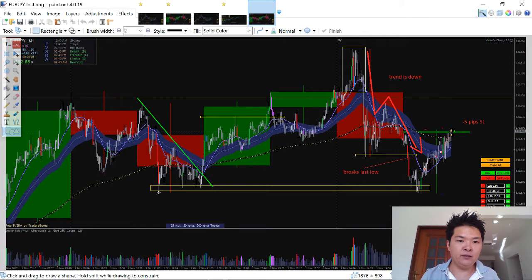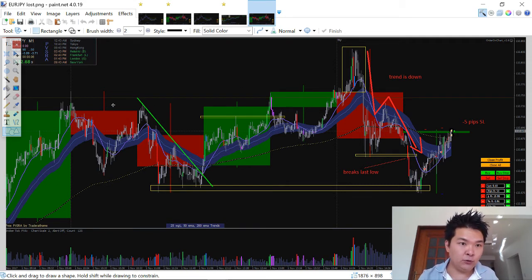Here you're making a newer low. So you expect that probably this will go down, right? But it's not really, because after that it goes all the way up here, making a new high, right? But this part was tested once, then for the second time this part was tested.